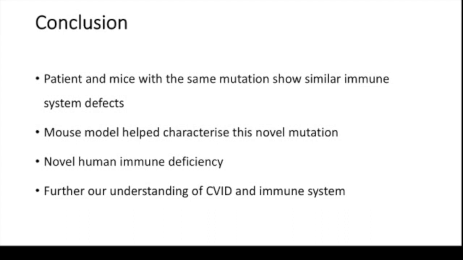So in conclusion, my project revealed that the patient and the mice had similar immune system defects. And again, since this mutation has not yet been discovered, we believe that this CVID phenotype in the patient has led to the discovery of a novel human immune deficiency. This project has not only allowed us to add to the knowledge gain about development of CVID, but also normal immune system function and regulation.